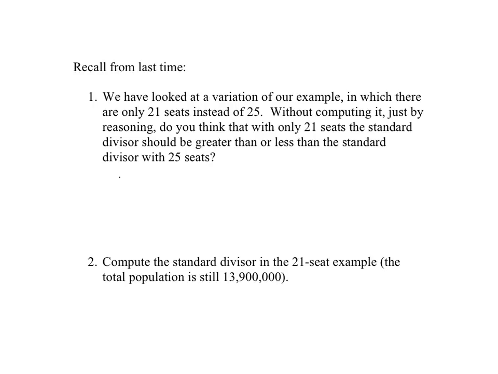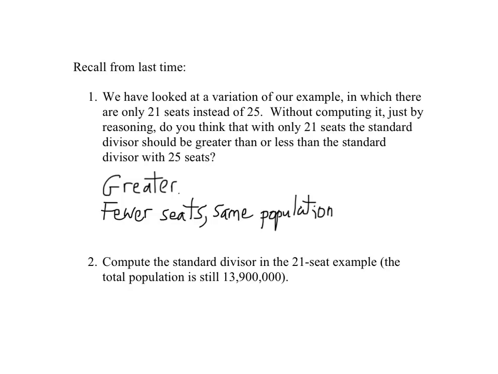If we think about standard divisor as average population per seat, then it should be greater. That's because fewer seats and the same population require more people per seat. In other words, more people living in each congressional district.